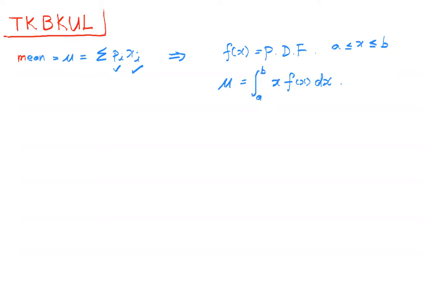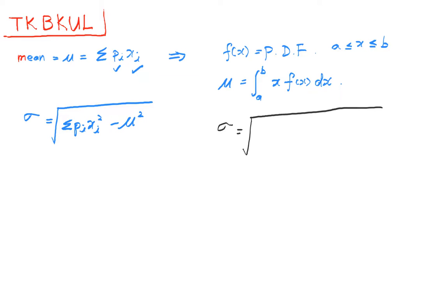Am I right? Okay, now for standard deviation, the formula goes like that, correct? Yes. So when we come to a continuous random variable, it will go like that. And all these things can be done using your graphic calculator.